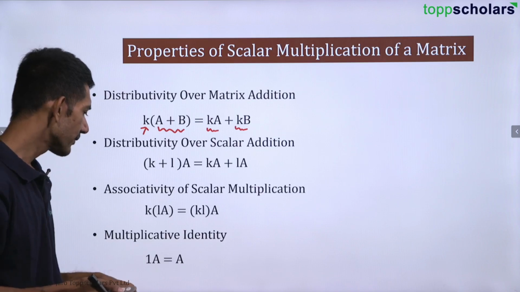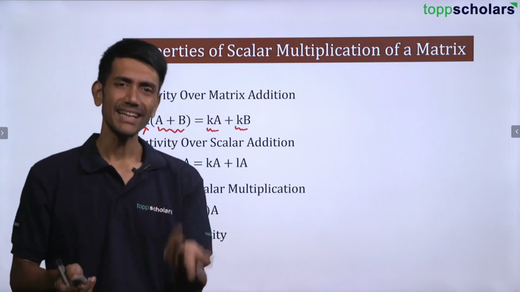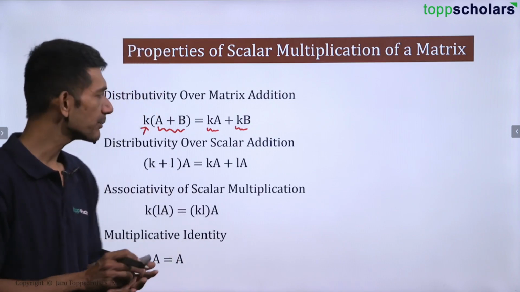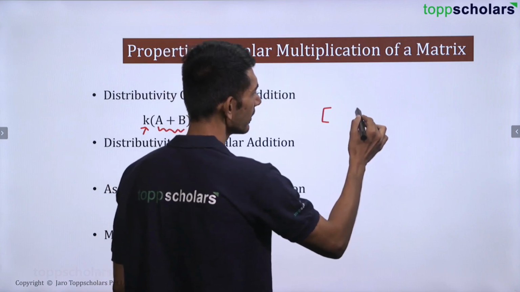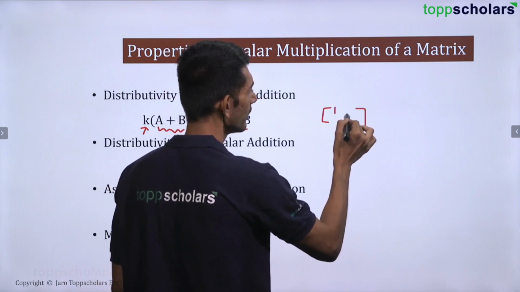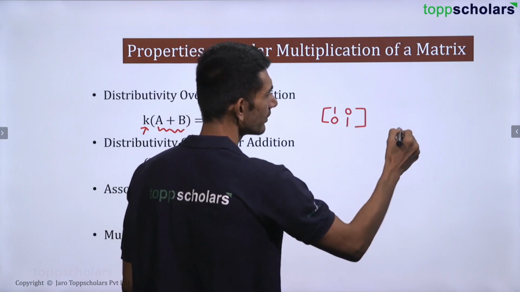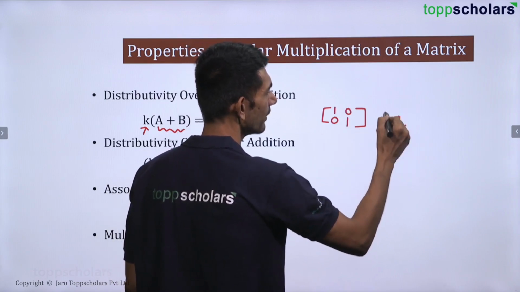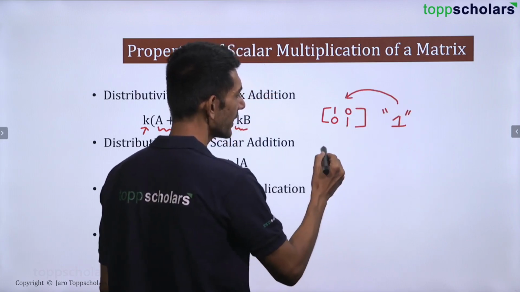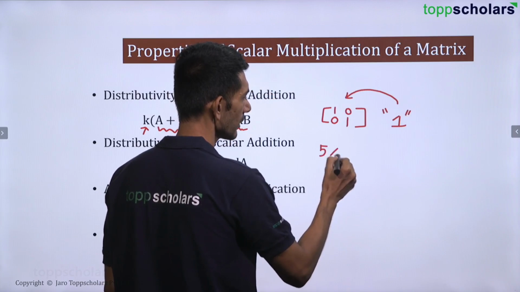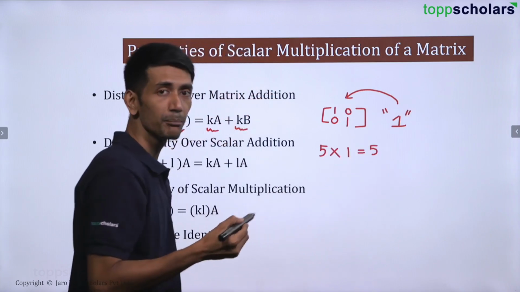Multiplicative identity, that is 1. 1 is nothing but I here. Basically instead of 1, we write I. I is nothing but the identity matrix. And if you recall, you have studied about the identity matrix, right? It's something like this: 1, 0, 0, 1. So this identity matrix acts like our 1 in matrices, such as 5 multiplied by 1 is 5. This is in numbers, right?